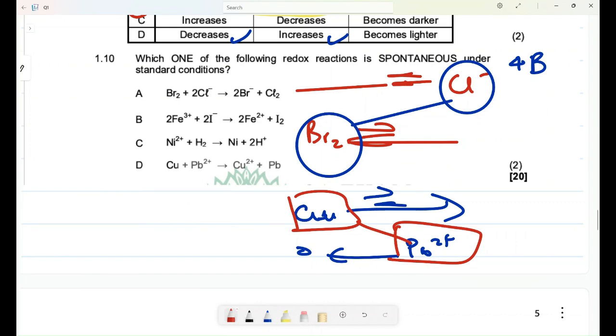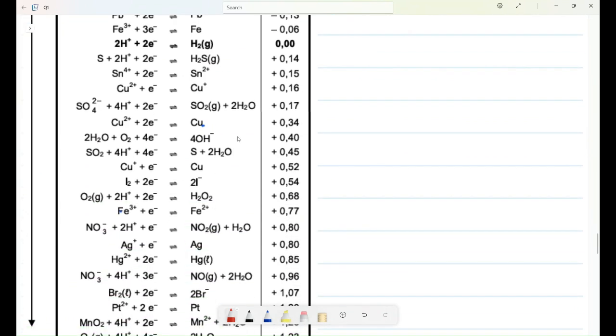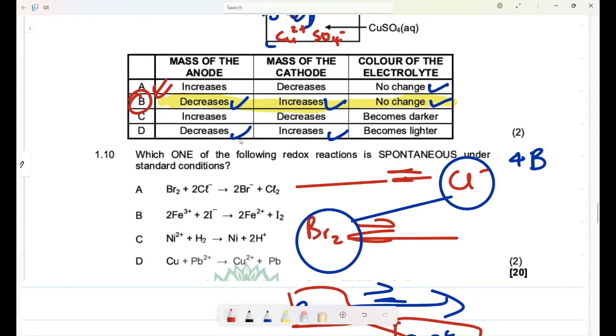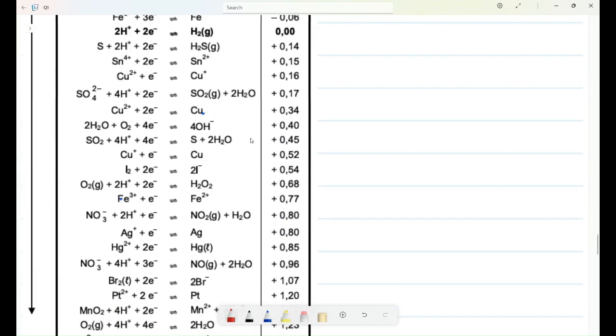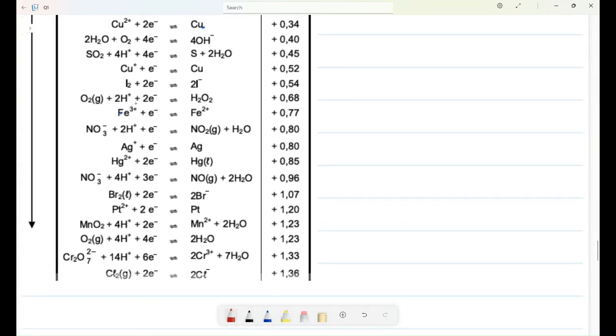If you apply that, look at number B, which is the correct answer, Fe3 plus. Never mind the 2 for now. Fe3 plus forms Fe2 plus. It is this one, so I'm focusing on this one.